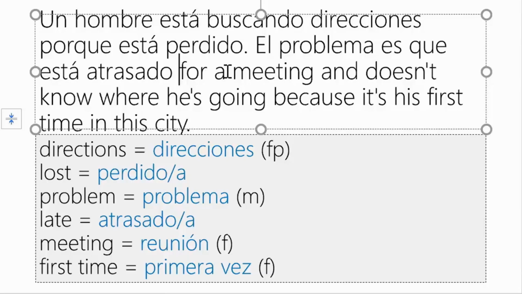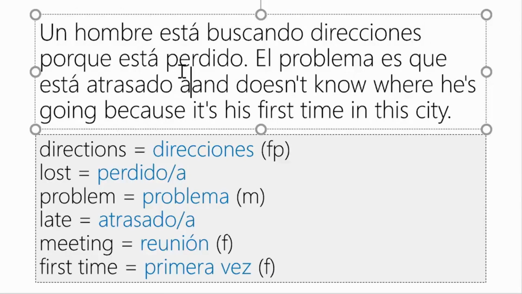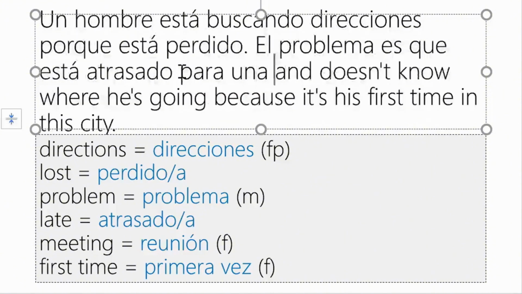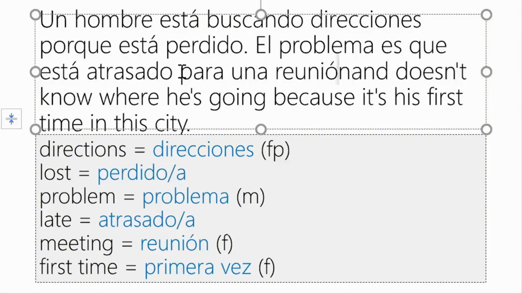And then for a meeting, para una reunión. There are many cases in Spanish where para will mean for. The thing is, it has a number of different meanings or uses, and this is something that we'll explore deeper again as the course progresses. So, for a meeting, para una reunión.